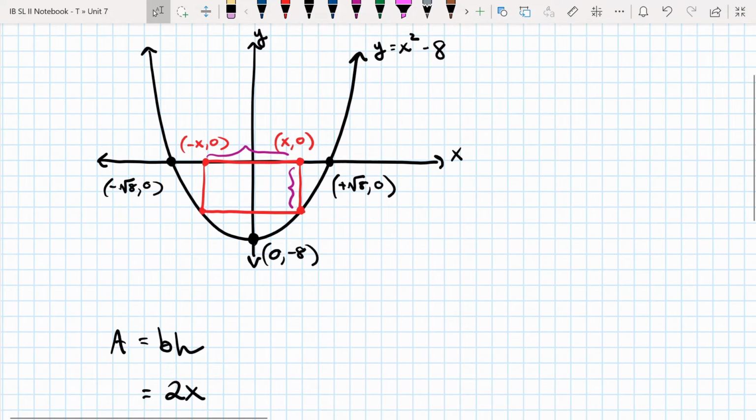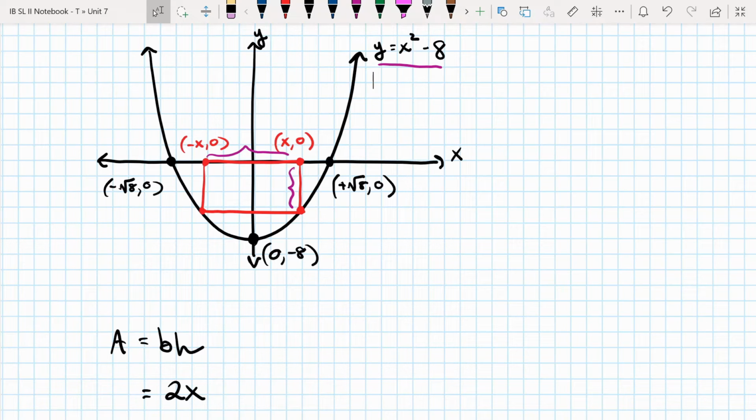This one is a little bit trickier because the height is defined as the value of this function. But if we plug in an x value here, it's going to give us a negative value for our height. We cannot have a negative as the length, because the length of something can't be negative.